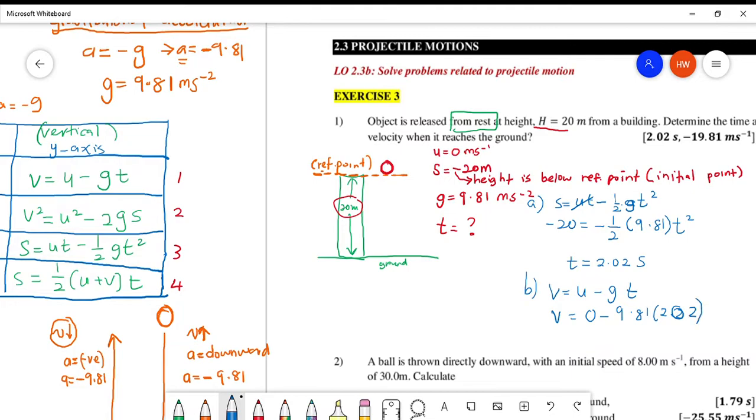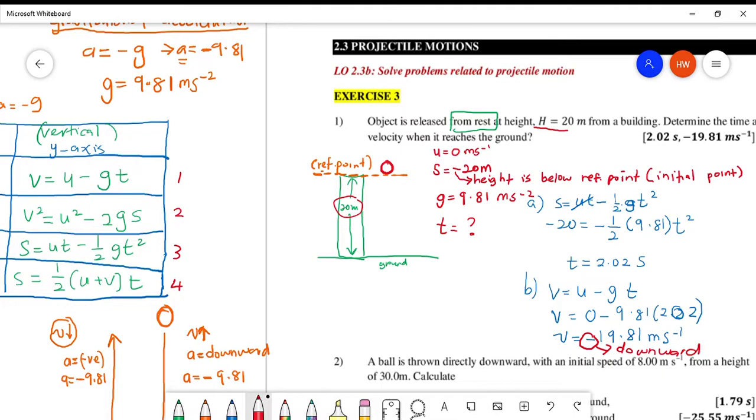So you will get the velocity equals to negative 19.81 m/s. So as you can see here, negatif kat sini menunjukkan direction dia ialah downward. That's why kita kena letak negatif.